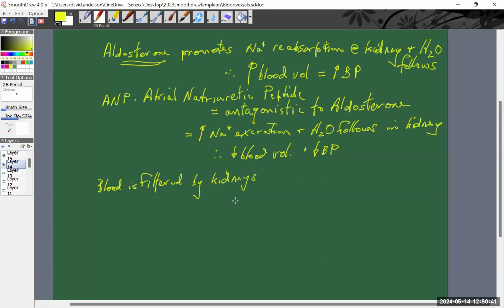And the kidneys regulate blood pressure.